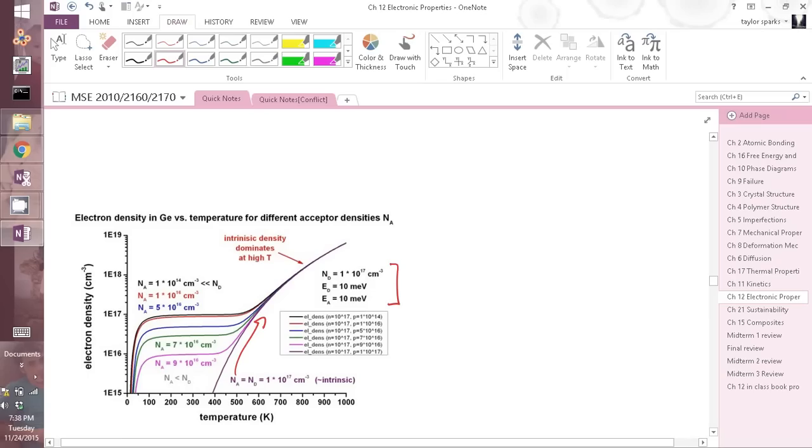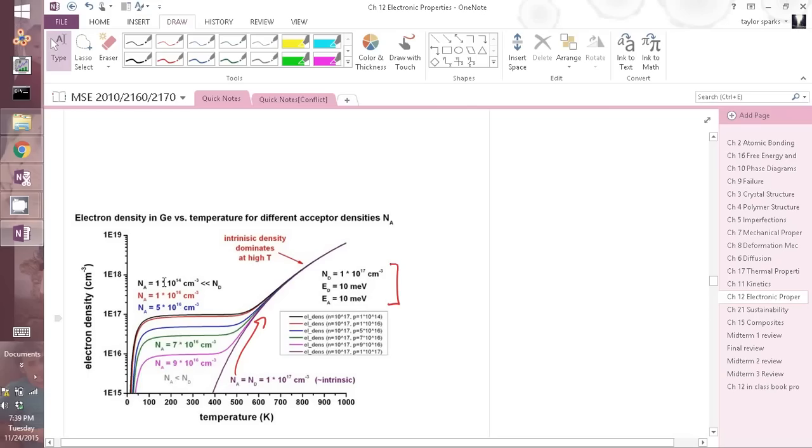However, if our number of donors does not equal our number of acceptors, in fact, if we have more donors than acceptors, take a look at what happens. We start to have excess electrons left over, right? Because now there's more donors than there are acceptors, therefore we have leftover electrons. So if we have 9 times 10 to the 16th for our acceptors, we have some electrons left over. If we have 7 times 10 to the 16th, so even fewer acceptors, that gives us more electrons, and so forth.